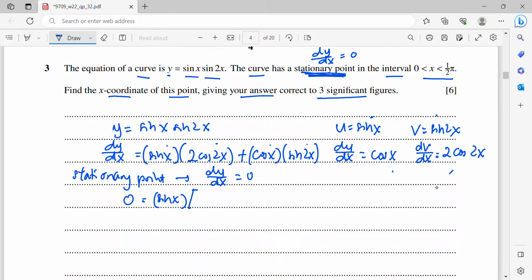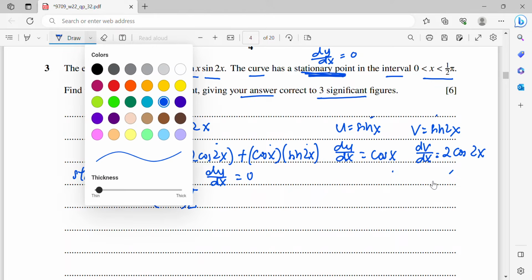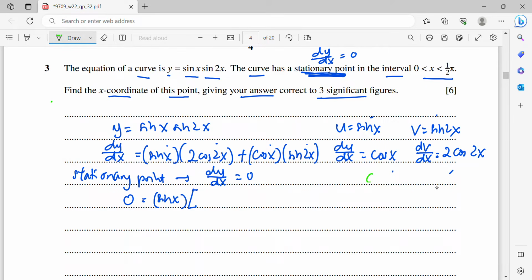So from the cos 2x formula, we can write cos 2a equals 2 cos squared a minus 1. I will use this formula to simplify, because we have the cos in the second term. That's why I will choose 2 cos squared a minus 1 instead of the other two equations.